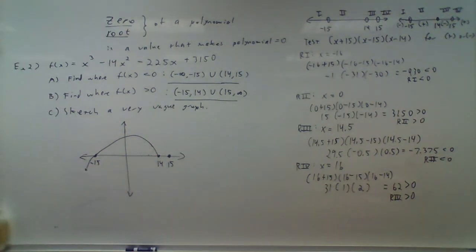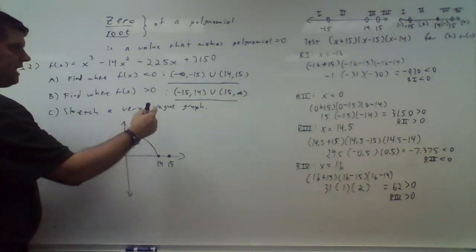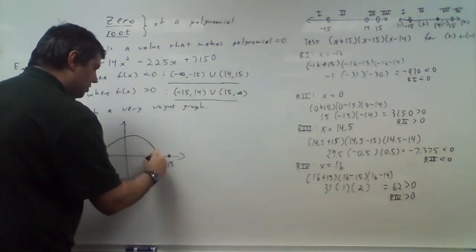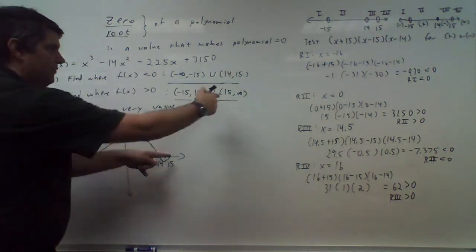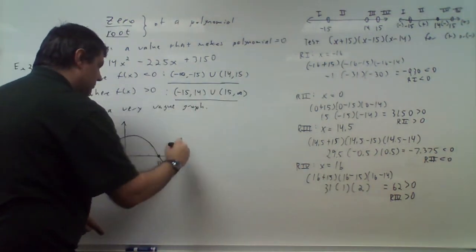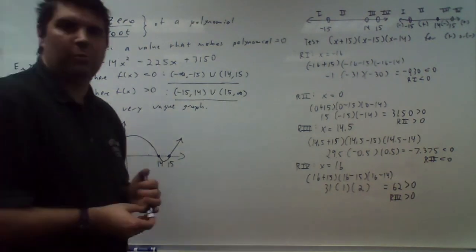It doesn't matter how high or low it goes. Okay? Between 14 and 15, it's negative. So make sure it's down but goes back up to hit the 15. And then from 15 onward, it's positive. Okay? And that's it. Okay, hopefully that will suffice.